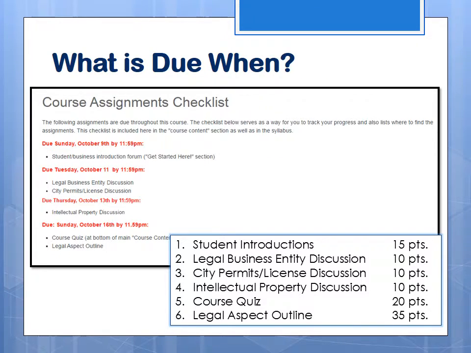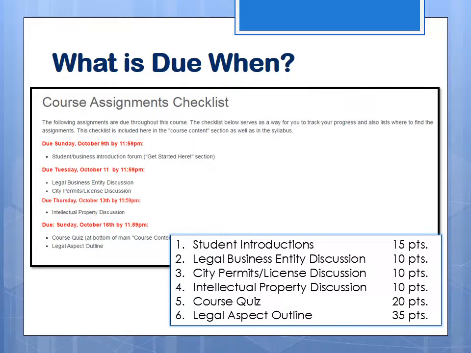So the last slide here in this short little intro is just to point out the different assignments that are due during the 2 weeks that we are together. There are four discussions that you will be expected to do during the couple weeks, and you can see in the course assignment checklist online in the Canvas classroom when they're due.